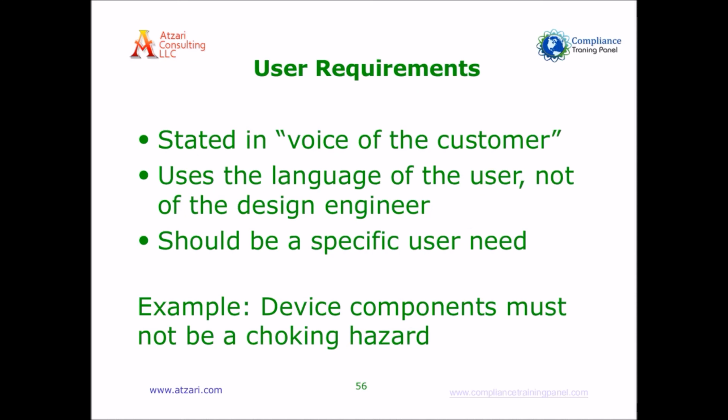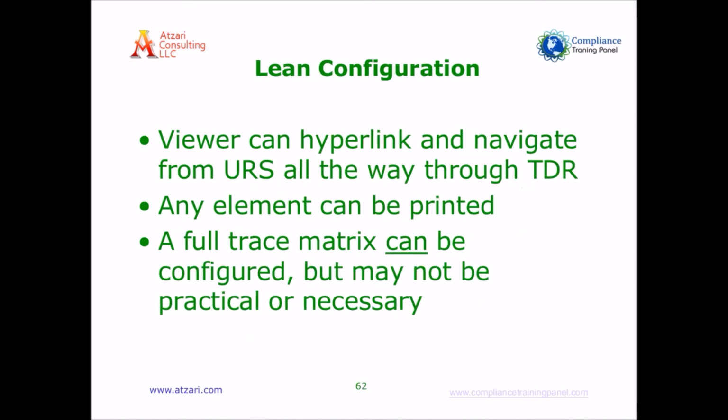So the user requirements are stated in the voice of the customer. It's the language of the user, not the language of the design engineer, and it should be a specific user need. So in a lean configuration, the viewer can hyperlink and navigate from the URS all the way to the PDR and actually all the way to design transfer.